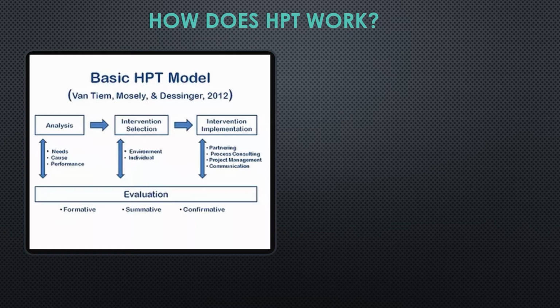So how does human performance technology, or HPT, work? Well, before we discuss how it works, let's look at the purpose of HPT. The purpose of HPT, or Human Performance Technology, is to improve performance outcomes by solving the sources of performance problems.